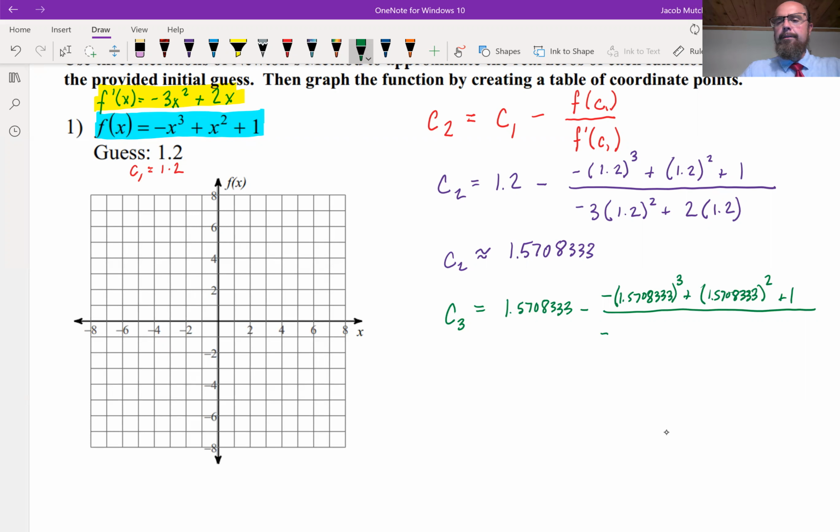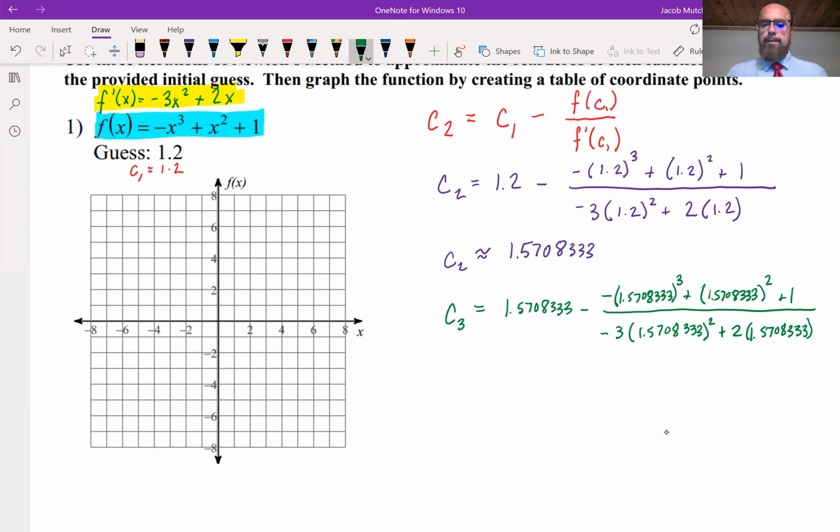And then in the denominator, the value of the derivative at 1.5708333: negative 3 times that term squared plus 2 times 1.5708333. As you can see, a lot of the work there is just juggling long decimal approximations.